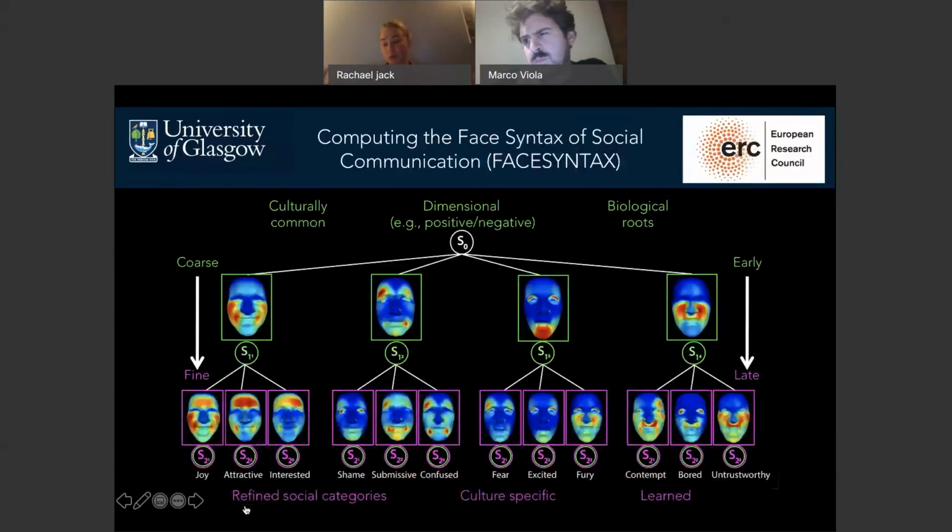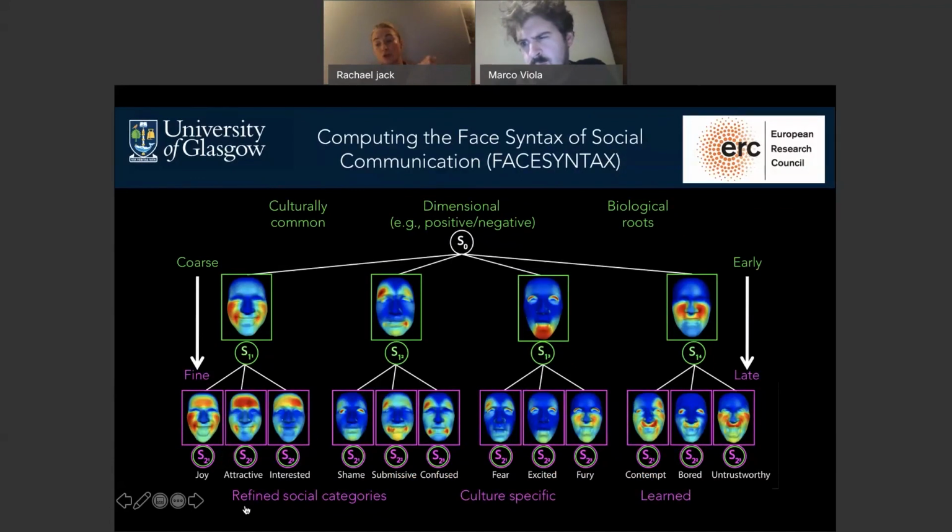And of course, when we have these quantitative models, we can use this wealth of knowledge to build a broader generative model of social face signaling generally, which can then inform psychological theories of communication.